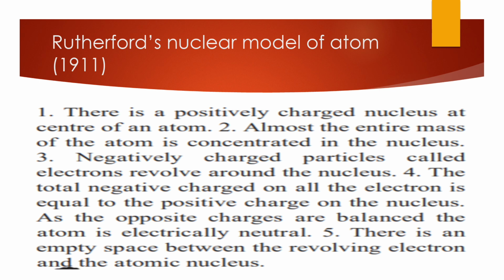So there is an empty space between the revolving electrons and the atomic nucleus. So this is Rutherford's nuclear model of an atom, which states that at the center there is positive charge. Around that positively charged nucleus, electrons are continuously moving, and the atom is electrically stable as the positive and negative charges get balanced by each other.